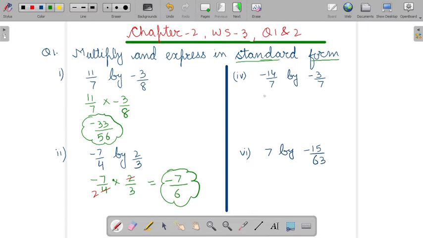Let's go for this part. Again we will write the rational numbers in the multiplication form. So minus 14 by 7 multiply minus 3 by 7. Now observe, can we cancel any term here? Can we write the term in the standard form?